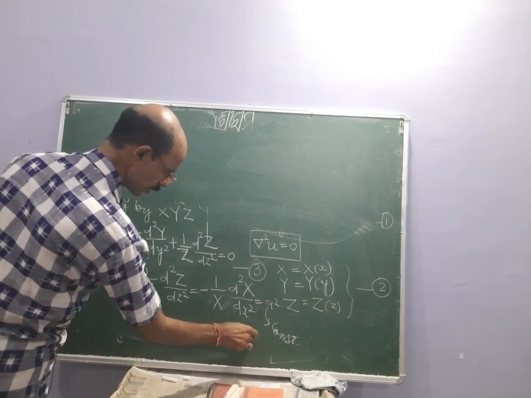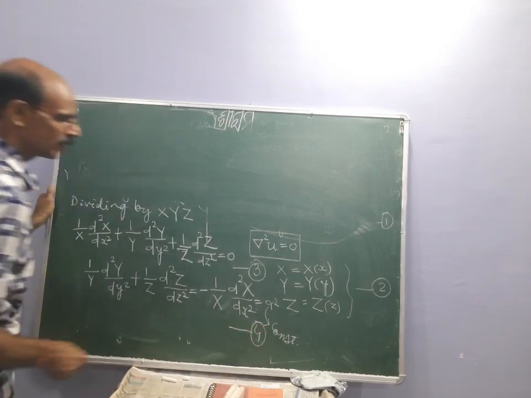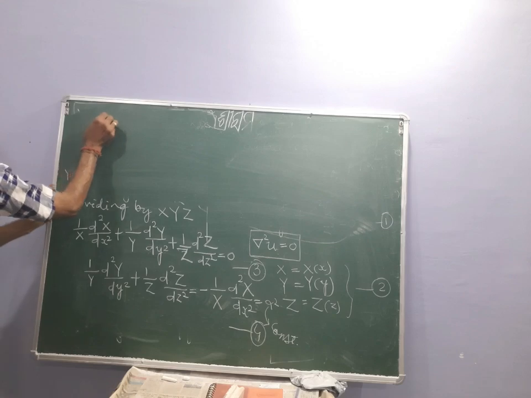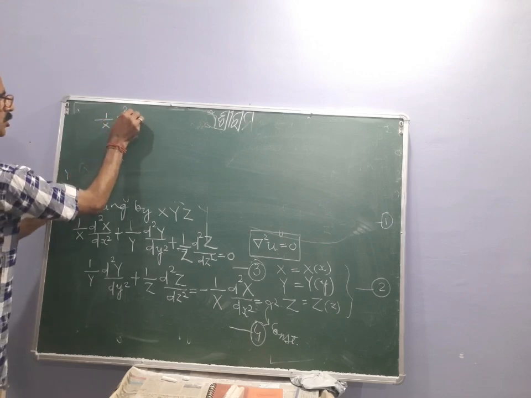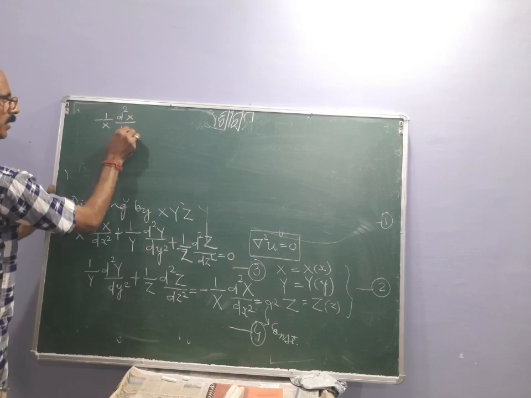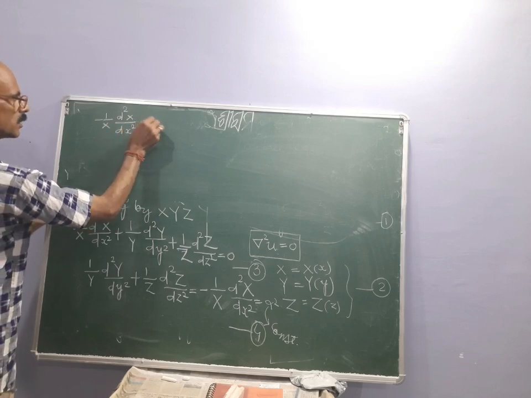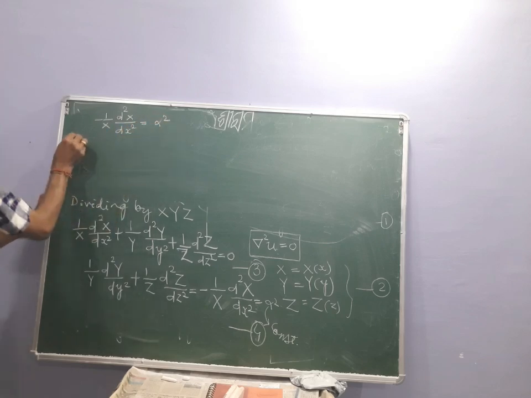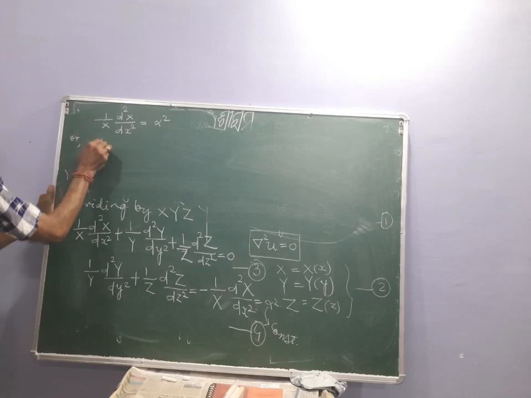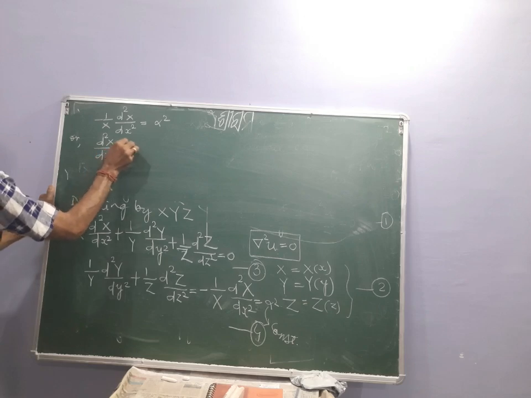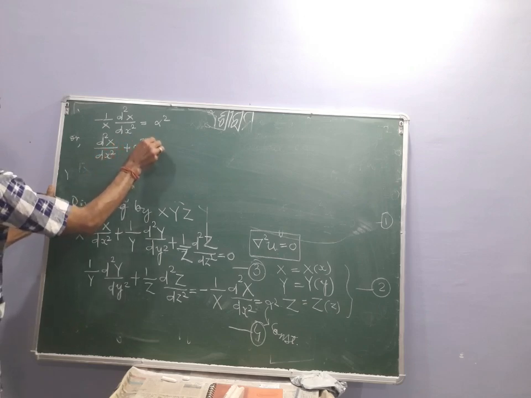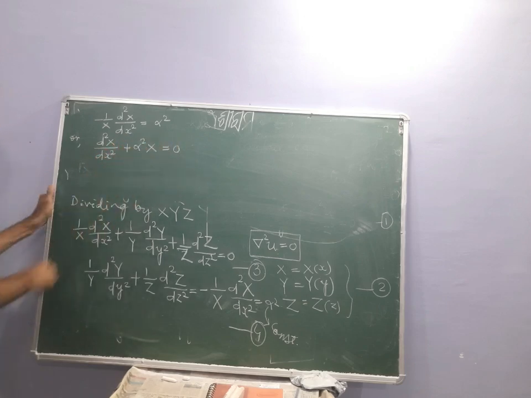Now, from equation 4 I can write minus 1 by X d square X by dx square is equal to alpha square, or d square X by dx square plus alpha square X is equal to 0.